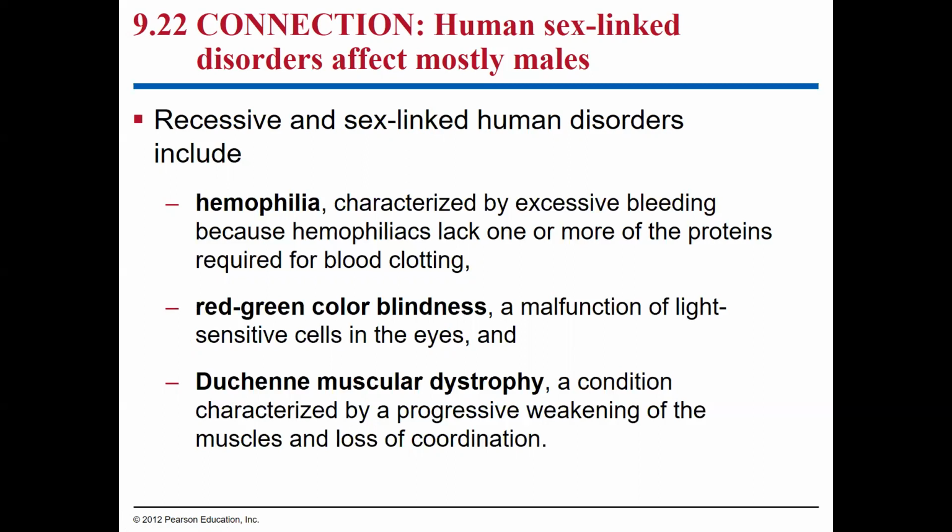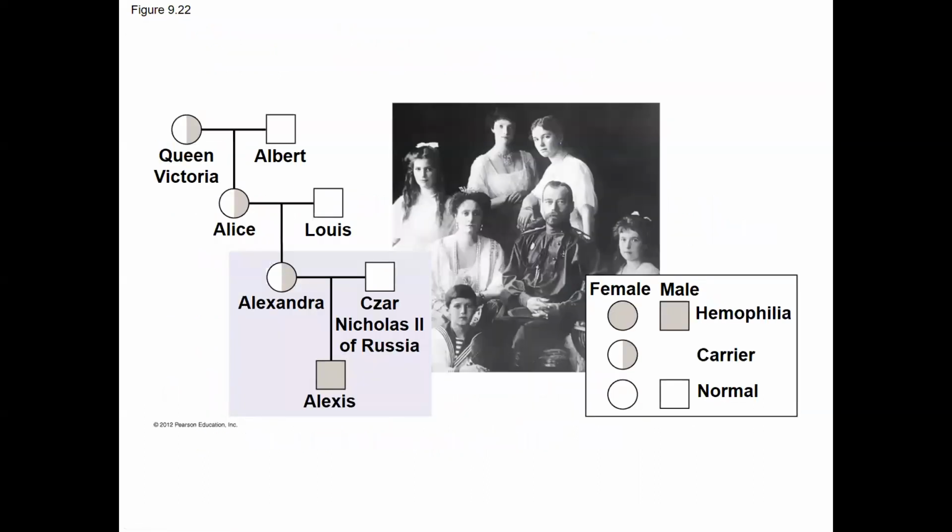Something probably very common among males is red-green color blindness, which is a malfunction in the light-sensitive cells of the eyes, the proteins that build the rods of your eyes. And then there's muscular dystrophy, a condition characterized by the progressive weakening of the muscles and a loss of coordination. And there are many other examples of sex-linked recessive disorders.